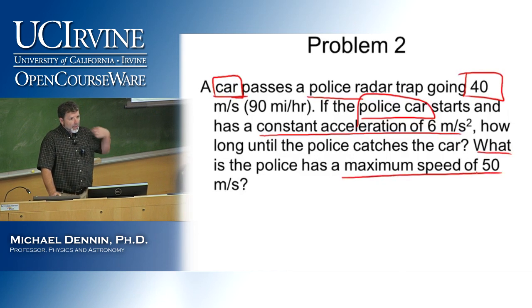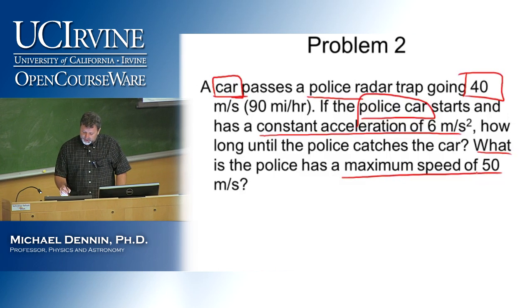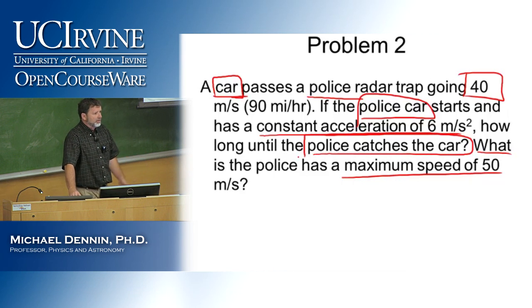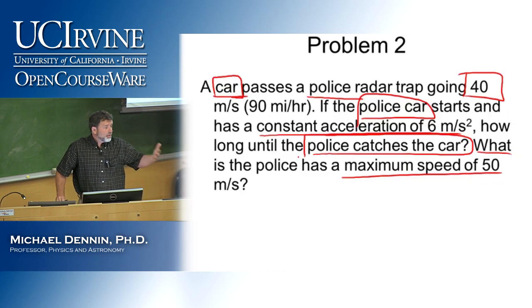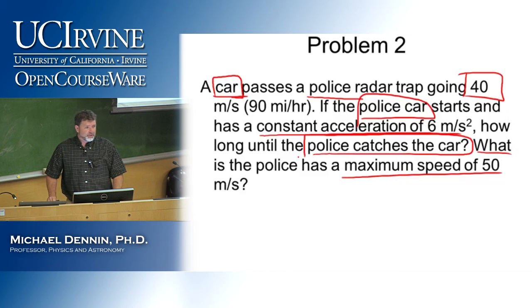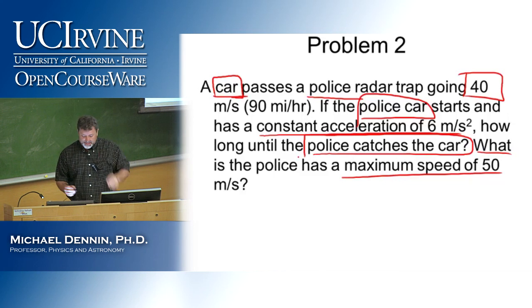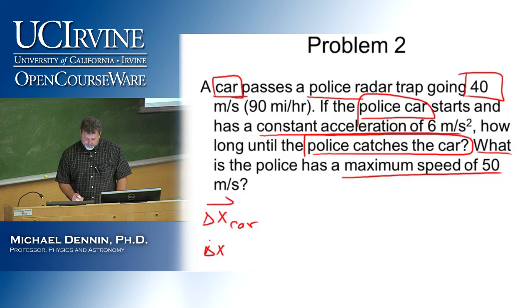And what we're going to be looking for is when the police car catches the car. So that is going to be the key physics we have to understand. That'll allow us to set up some relationship between the displacement of the car and the displacement of the police car.